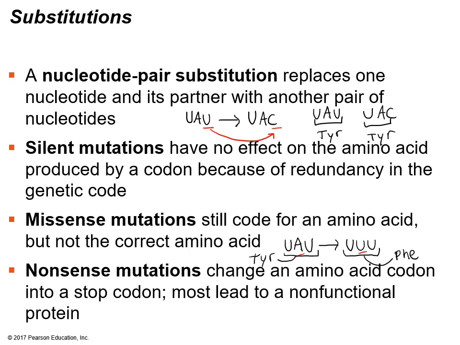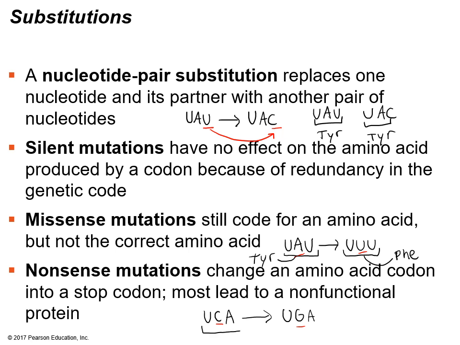A nonsense mutation changes an amino acid codon into a stop codon. This most likely leads to a non-functional protein. So, for example, let's say that we had UCA, and we changed UCA into UGA right here.